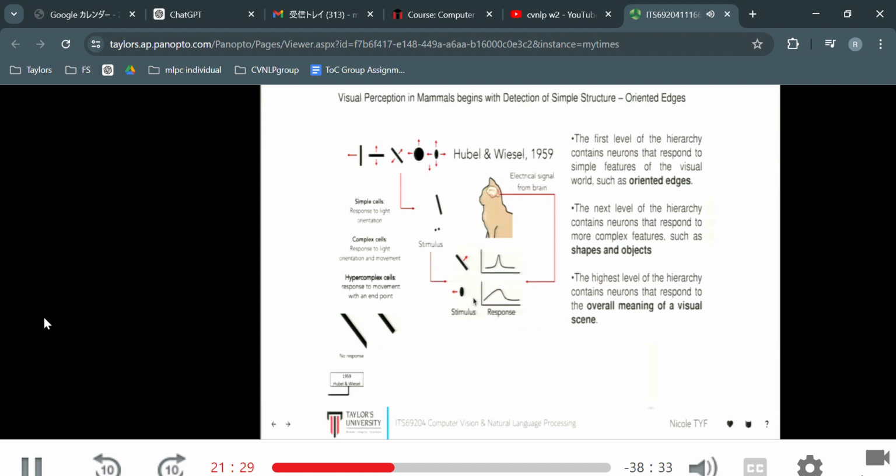So then, as we move into the 1980s, this is the time when digital cameras become more and more popular. Therefore, people are getting more and more images and starting to think about how we can represent objects using edge detection.